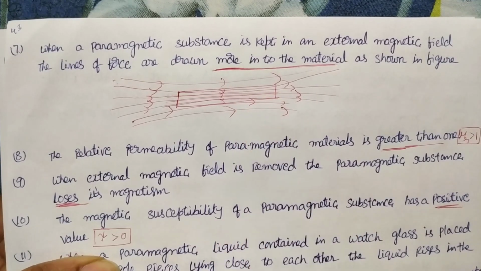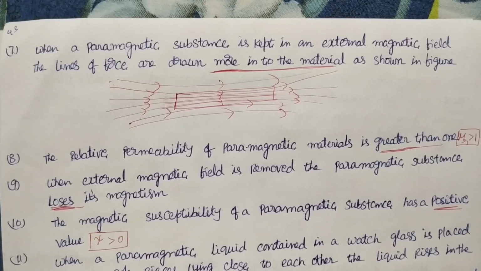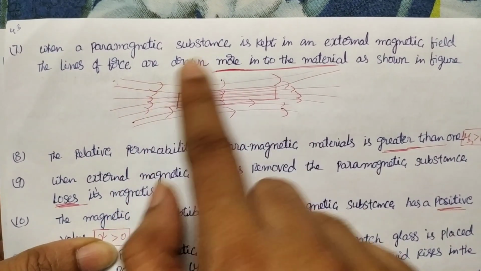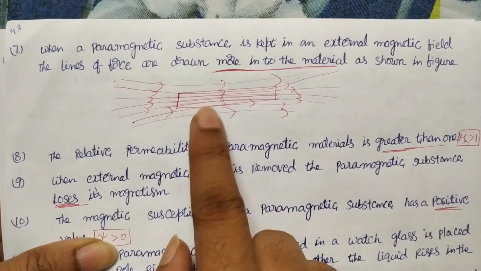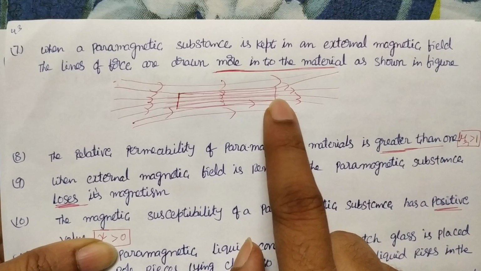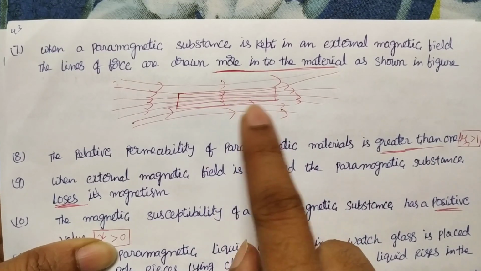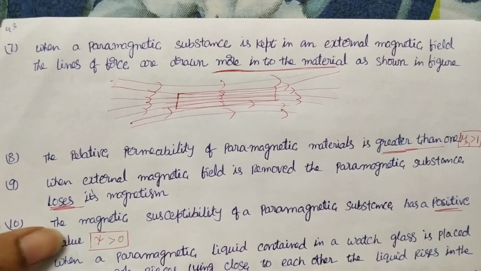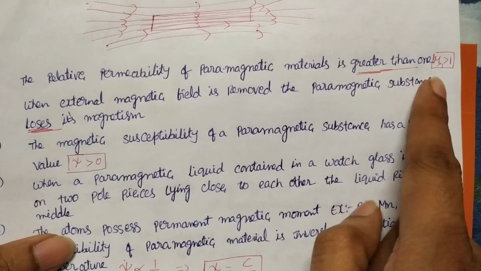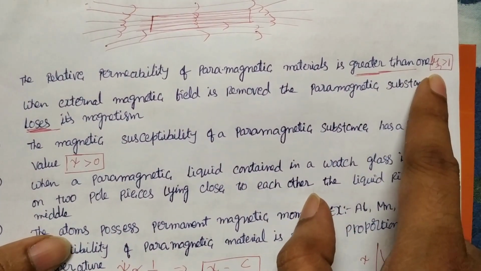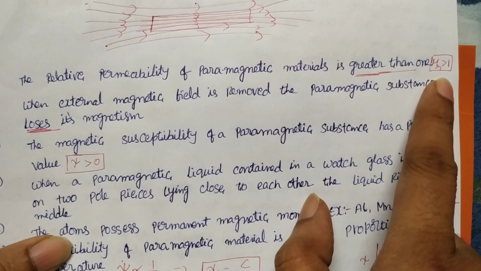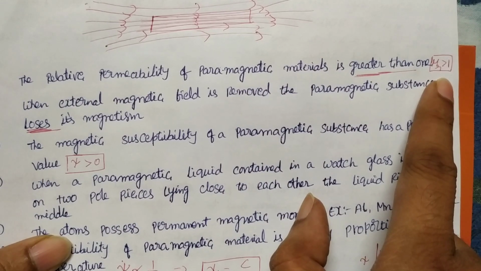In diamagnetic material, they are created in opposite directions, that's why the flux lines go away from the material. Here most of the lines pass through the material, so the magnetic nature increases, and the relative permeability is greater than 1. It shows very good magnetic nature.